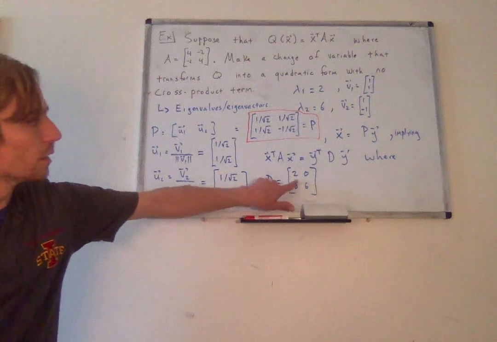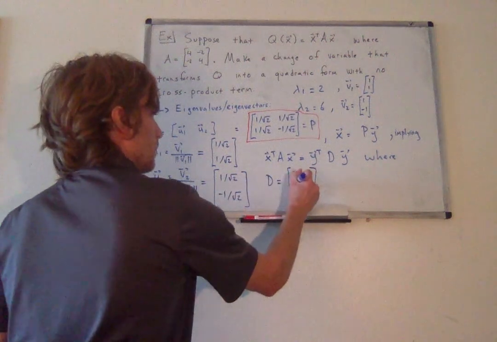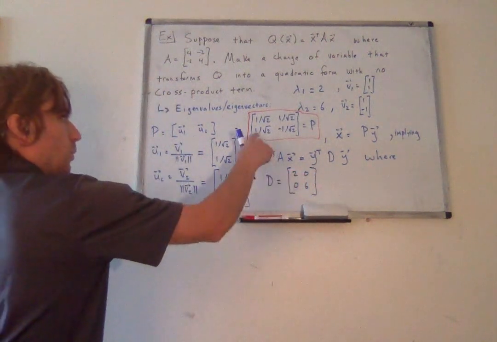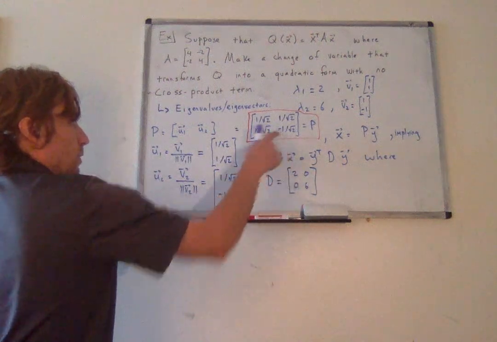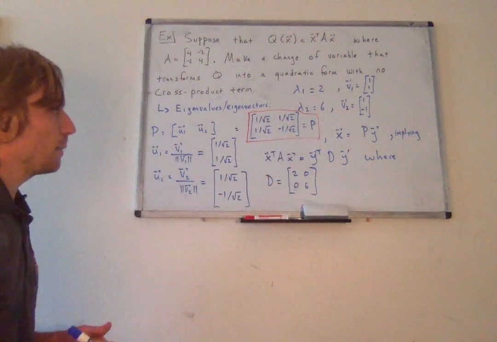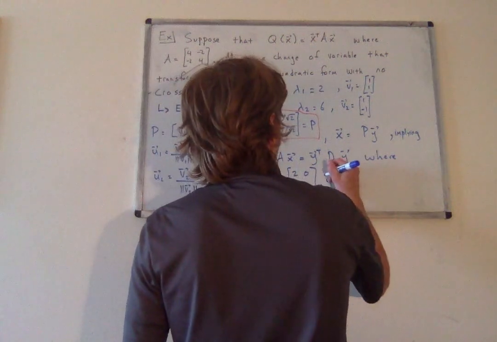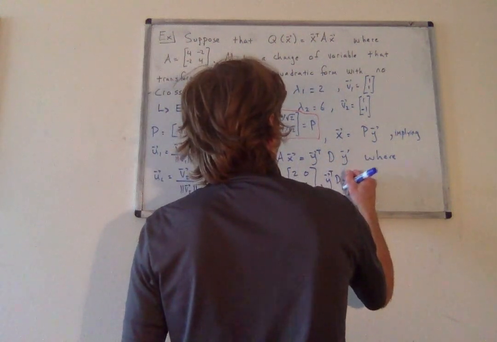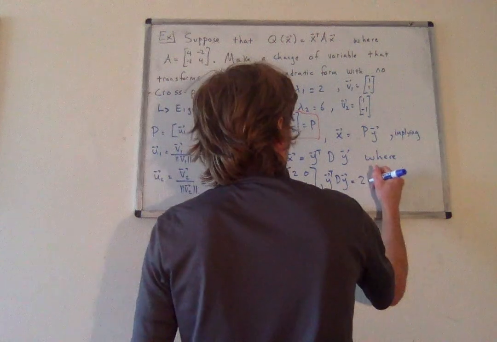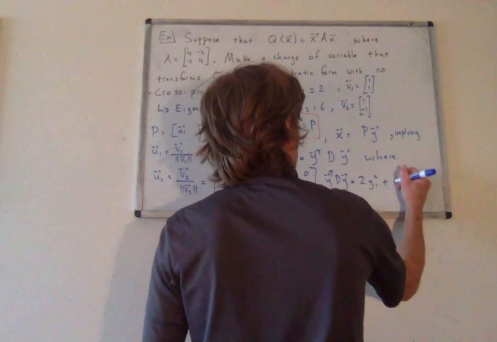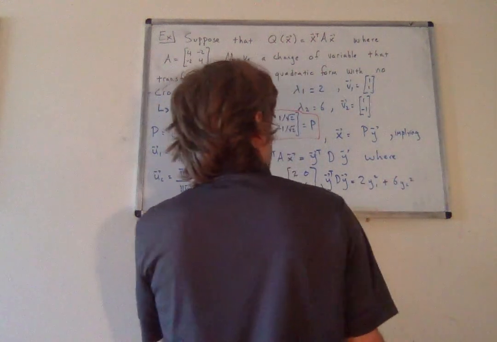Again, notice here, the first entry corresponds to its eigenvector, and the second entry corresponds to its eigenvector, in order for P. And so notice then that y transpose D times y is equal to 2 y1 squared plus 6 y2 squared.